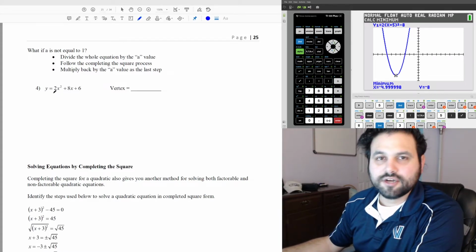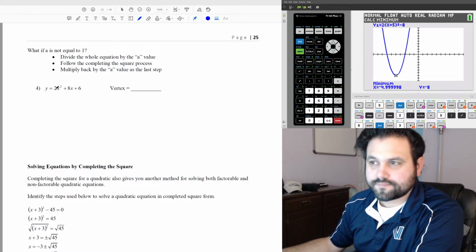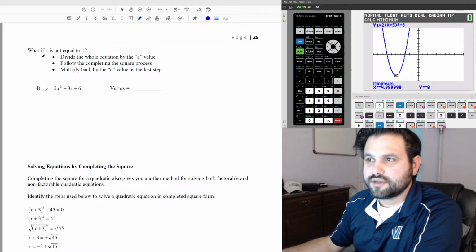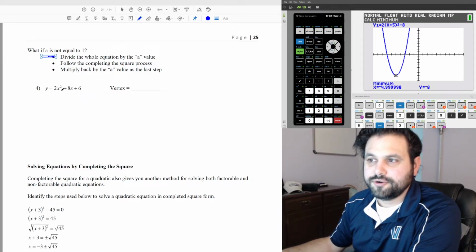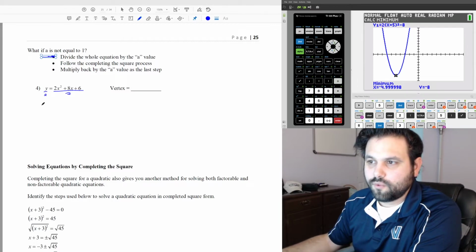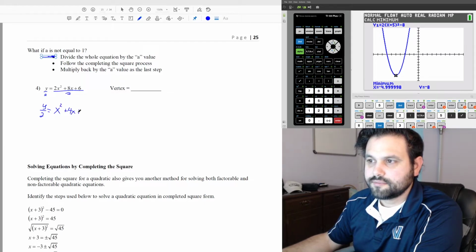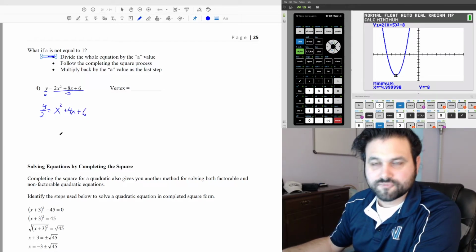If there's a leading coefficient other than 1, the first thing we have to do is divide the whole equation by whatever that value is. So in this case, it's 2. So we're going to divide everything by 2. And so I have y divided by 2 equals x squared plus 4x plus 6. Okay?